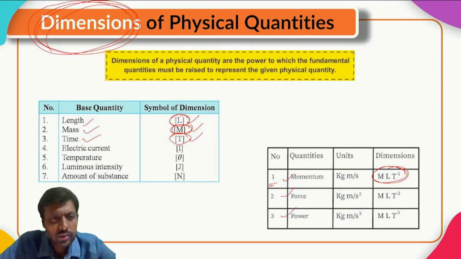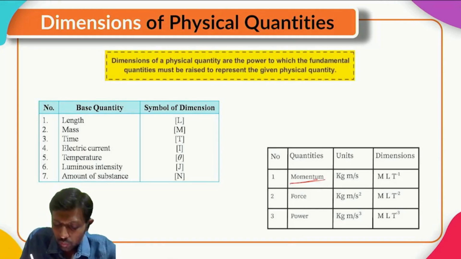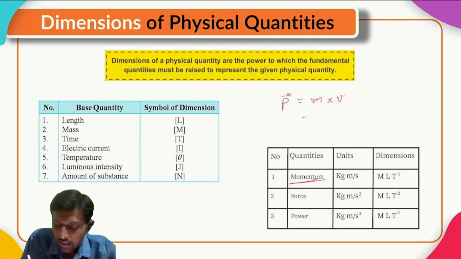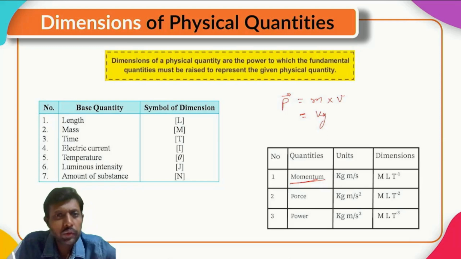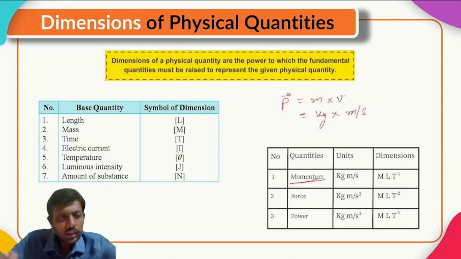What is dimension? So now let's try to represent momentum with the help of symbols of the fundamental quantities. Momentum, we know, is mass times velocity, right? That's the formula for momentum. Mass is measured in kilograms, and the SI unit for velocity is meter per second.